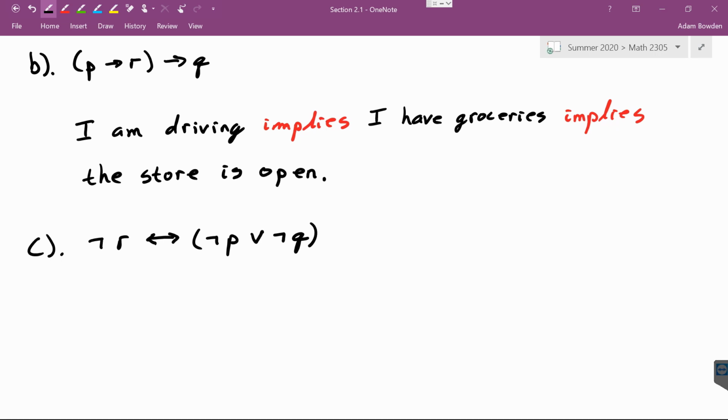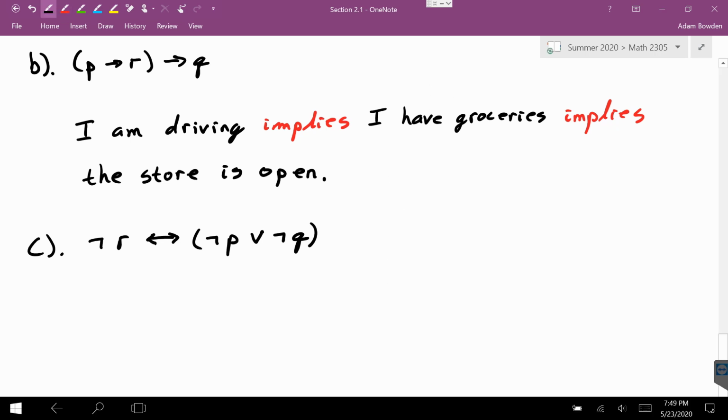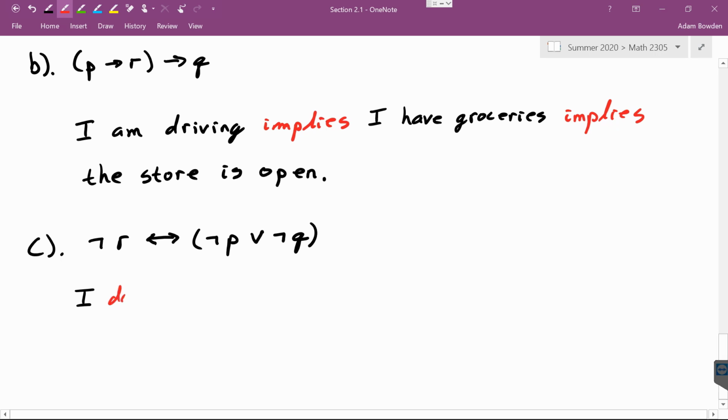The first one is that little symbol which stands for not or negation. So it says not R. So when I write this out, I'll do the not version of R, which stands for I do not have groceries. And then the double arrow stands for if and only if.